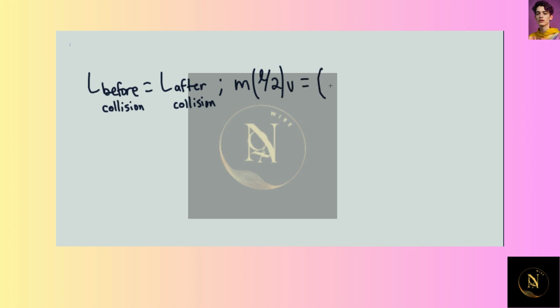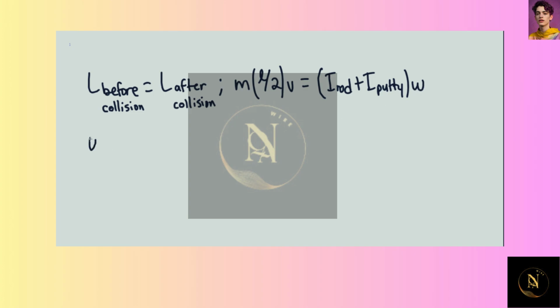We know that we are going to apply the conservation of angular momentum before the collision. So we can say L before collision will be equal to the angular momentum after the collision. And that M times L over 2 times V would be equal to the moment of inertia of the rod plus the moment of inertia of the putty, multiplied by the angular velocity.